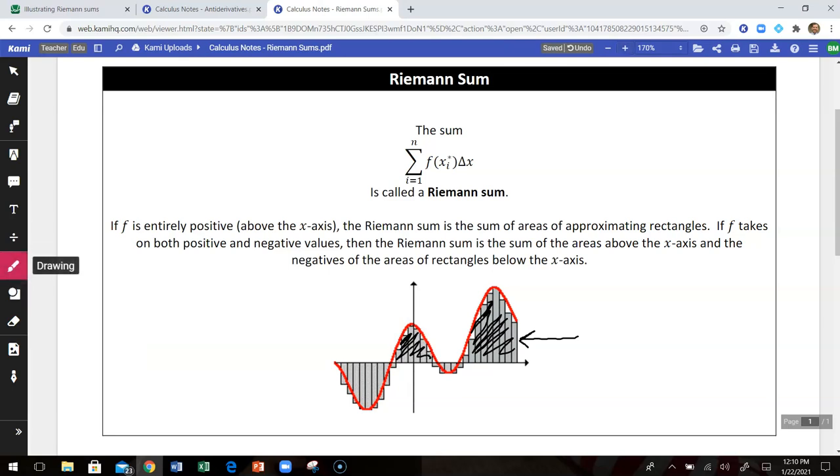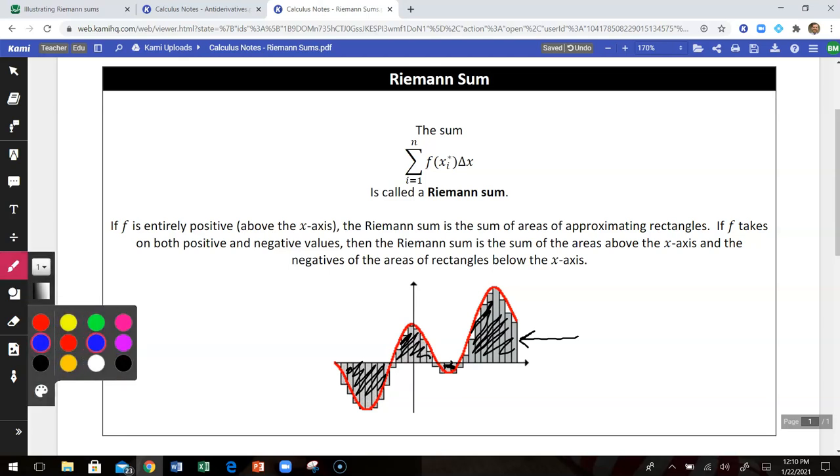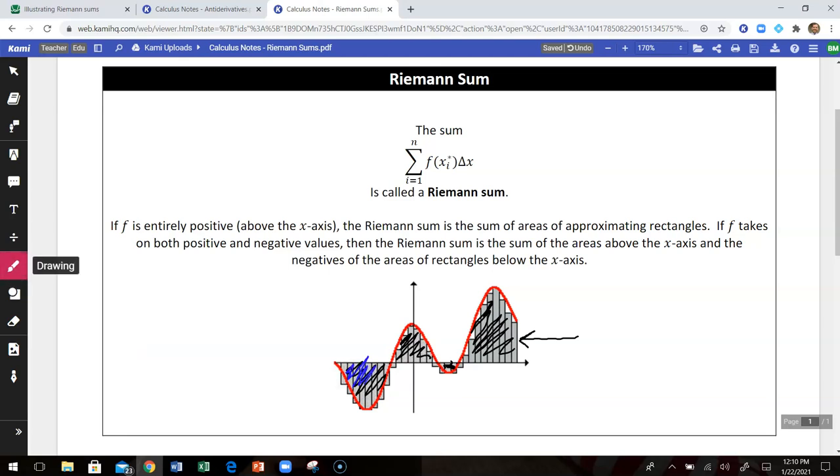Anything underneath the x-axis but above the curve, we consider to be negative areas. The two that I'm marking here in blue would be negative areas. So above the x-axis, positive area; below the x-axis, negative area.